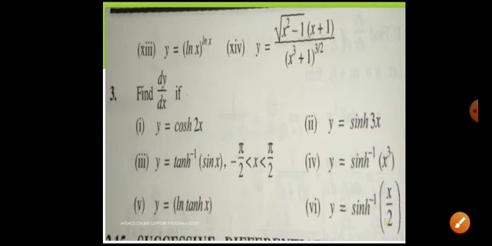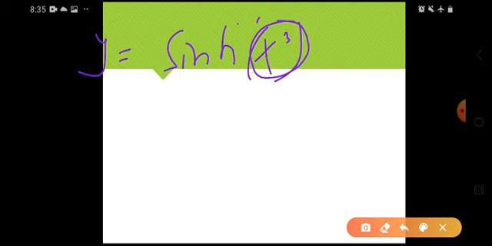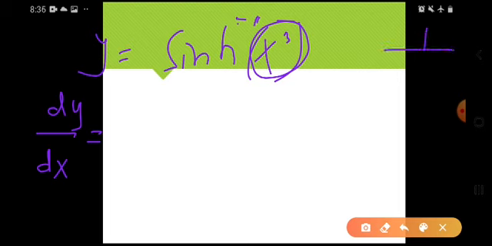Okay, let us go to the next part, which is this fourth one. What is it? Y is equal to sine hyperbolic inverse of x cube. Now my x being used here is this, right? What is the formula for sine hyperbolic inverse? Simple sine hyperbolic inverse का formula है 1 divided by radical of 1 plus x square, right?